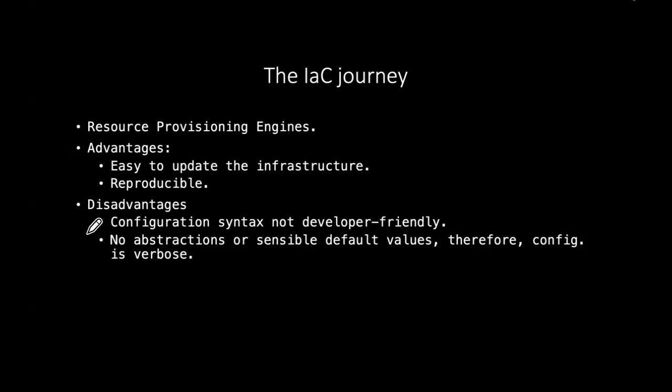And those two disadvantages brought us on to the next evolution of infrastructure as code, which is where we use an imperative programming language like TypeScript, Python, JavaScript, Java, Rust, Kotlin, any one of them. And in the case of the AWS platform, we need to use this framework called the Cloud Development Kit.